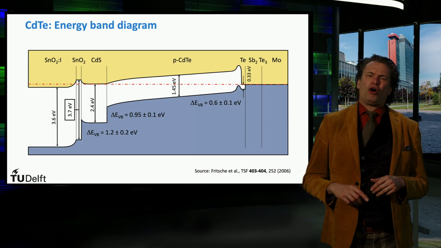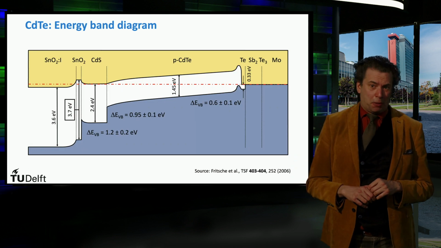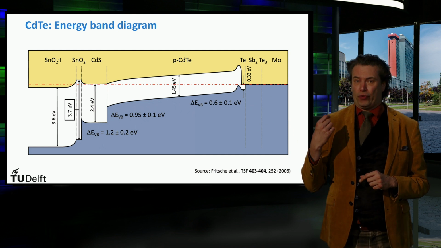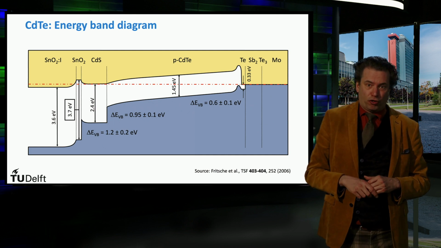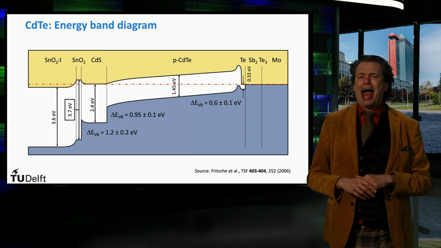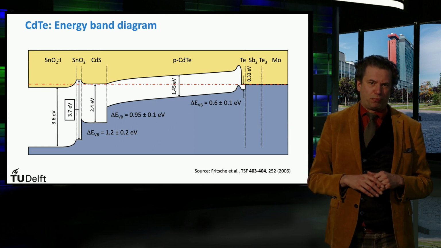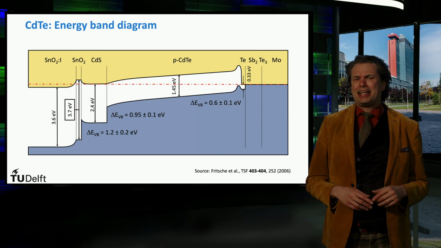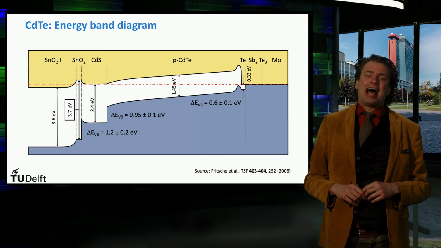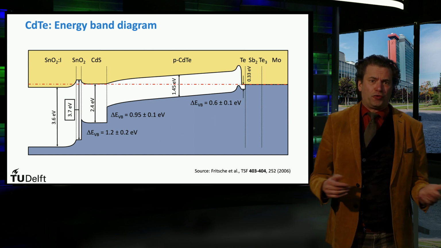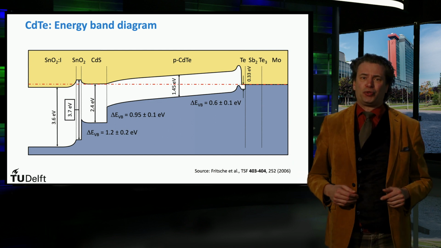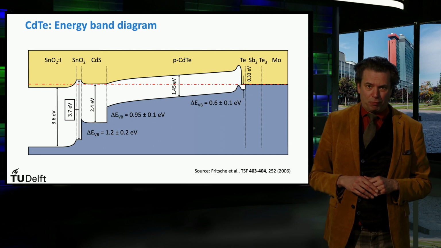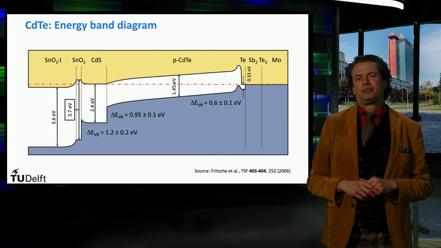When we take a closer look at the energy band diagram of a cadmium telluride solar cell, we can see that the front transparent conductive oxide or TCO layers have a wide band gap of around 3.6 electron volts. Furthermore, we can see that the cadmium sulfide layer has a band gap of 2.4 electron volts, which will form a heterojunction with the p-type cadmium telluride layer with a band gap of around 1.45 electron volts.